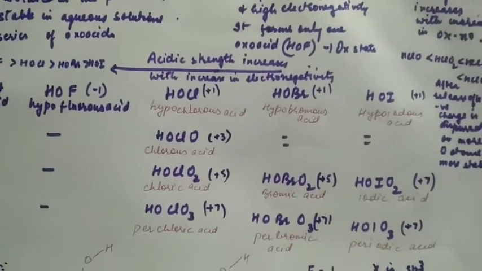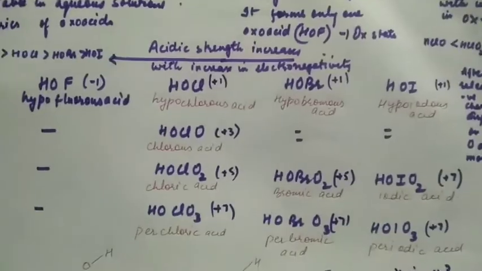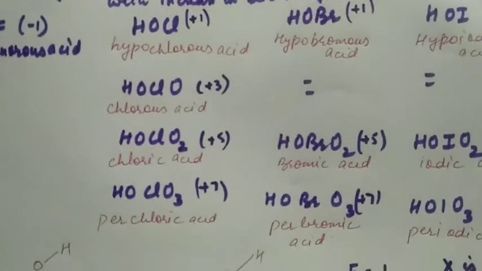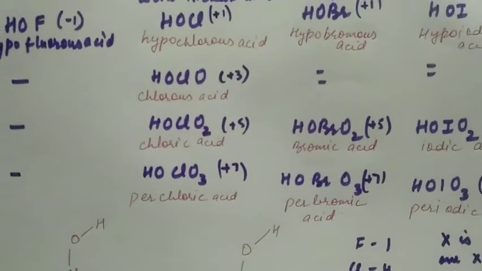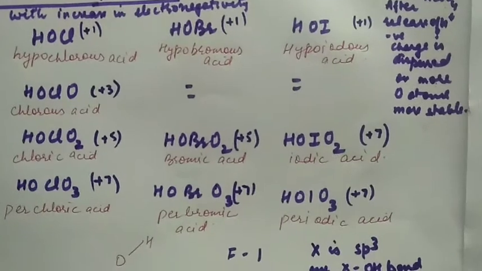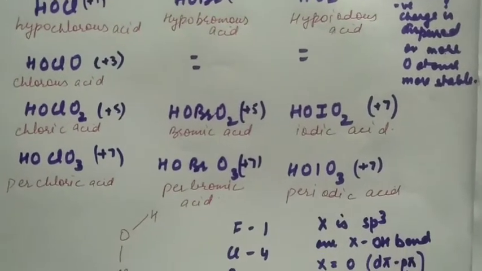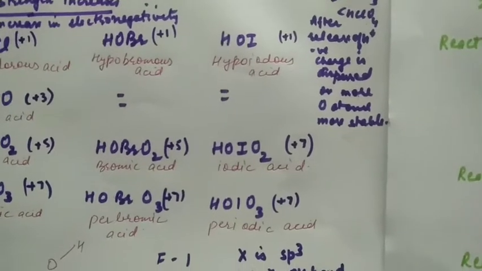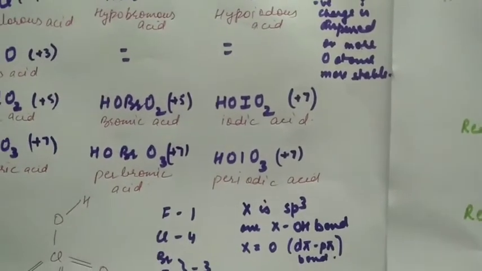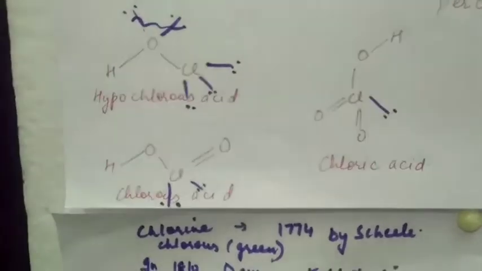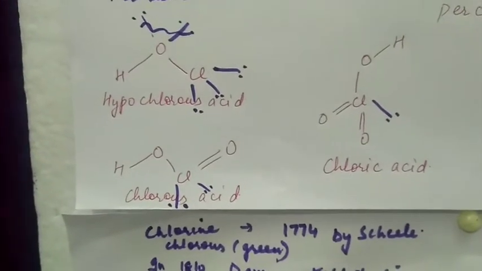So for chlorine, all the four series of oxoacids are present: hypochlorous acid, chlorous acid, chloric acid and perchloric acid. For bromine, we have hypobromous acid, bromic acid and perbromic acid, and for iodine we have hypoiodous acid, iodic acid and periodic acid.